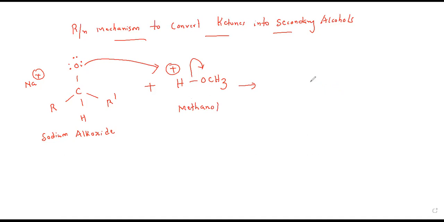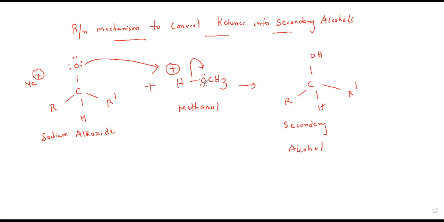So you're going to get C single bond OH, R, CH, R dash. This is your secondary alcohol. Here oxygen has 3 lone pairs of electrons. Why? Because when you break the bond, the electrons will migrate towards oxygen.